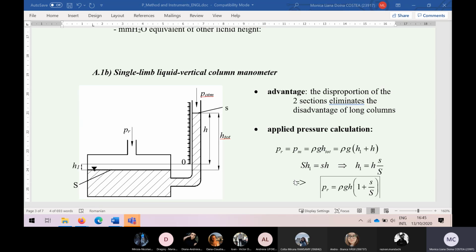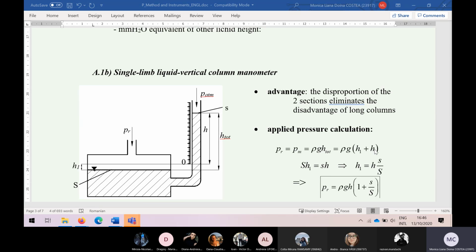What changes here is the fact that we have different cross-sectional areas, not the same. So they will change a little bit the way that we compute the pressure based on the answer of the apparatus.